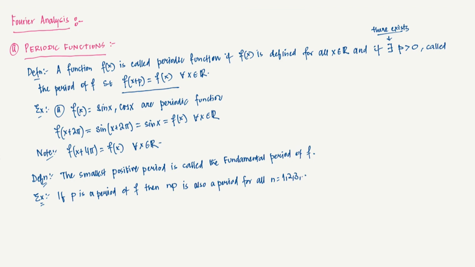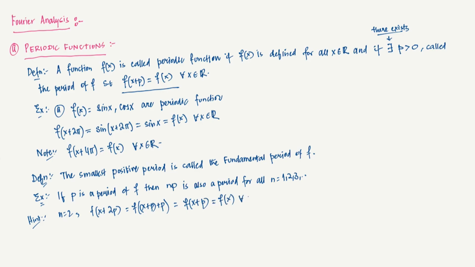So how do you prove it? Let's say you want to show it for n equals 2, just a small hint. f of x plus 2p you can write as f of x plus p plus p. Now since it is of period p, x plus p will be acting as x here, so it will be f of x plus p, which again in turn becomes f of x.